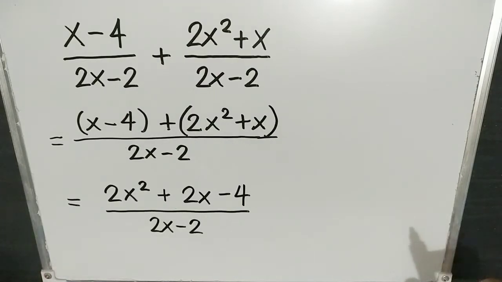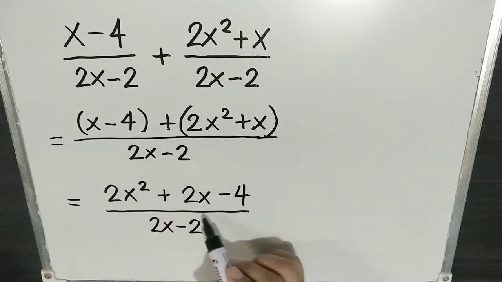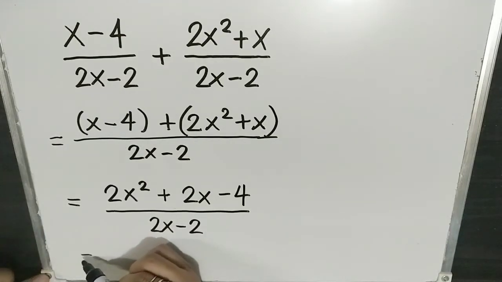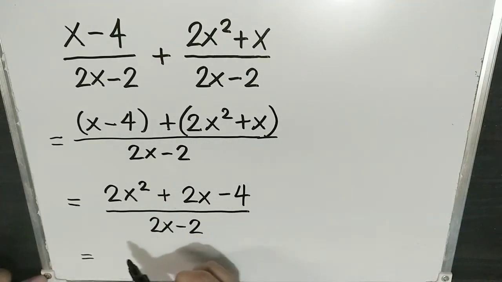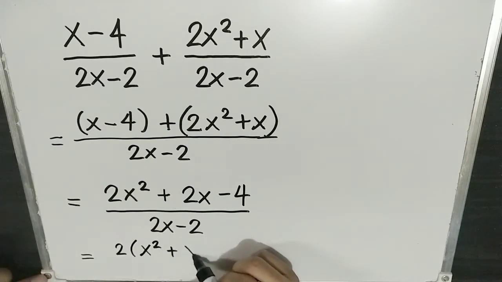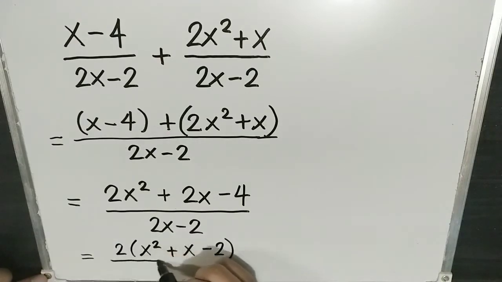Alright, this time we have to factor the numerator and also the denominator, and we will find out if there are factors that can be crossed out. Okay, so the factors of this expression in the numerator, we can use the greatest common monomial factor. So we have 2 times the other factor, x squared plus x minus 2 all over.